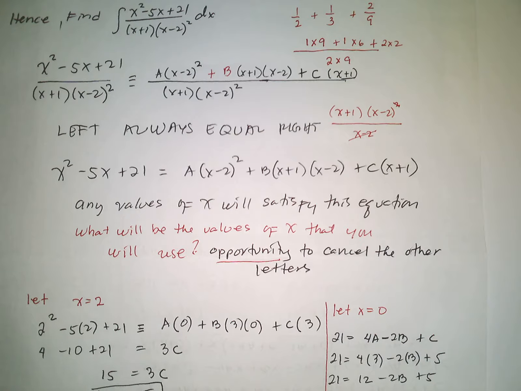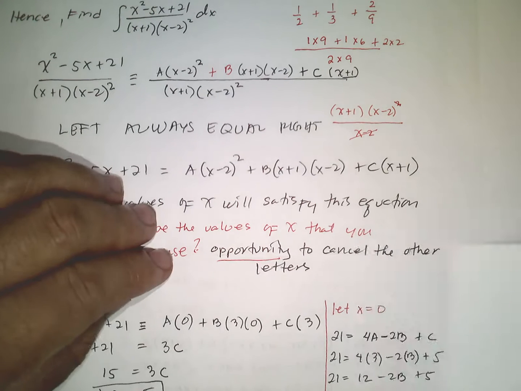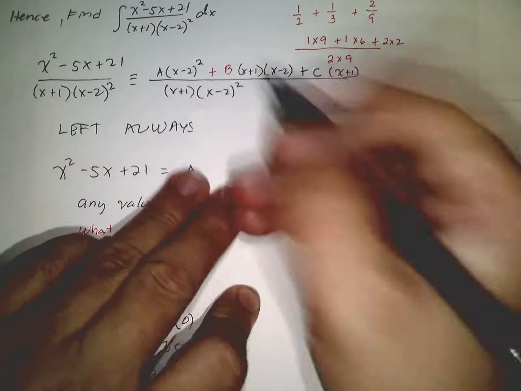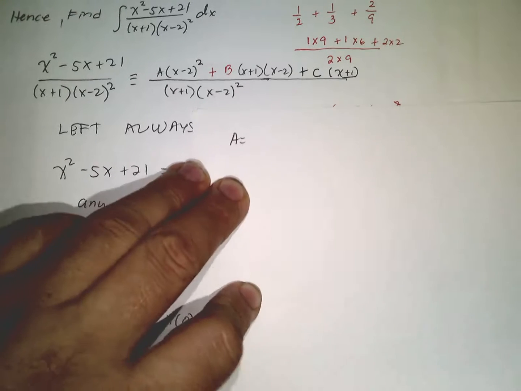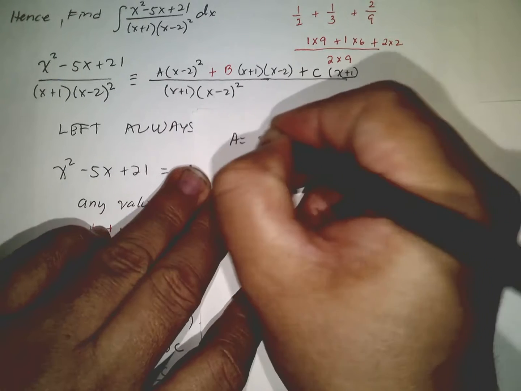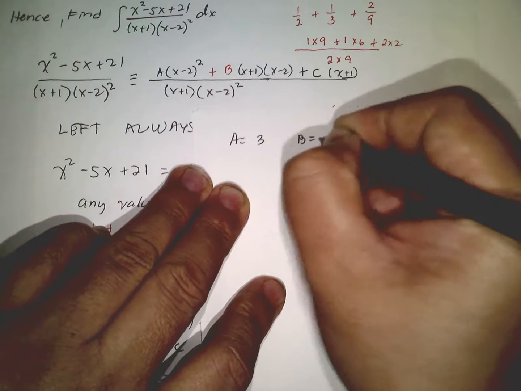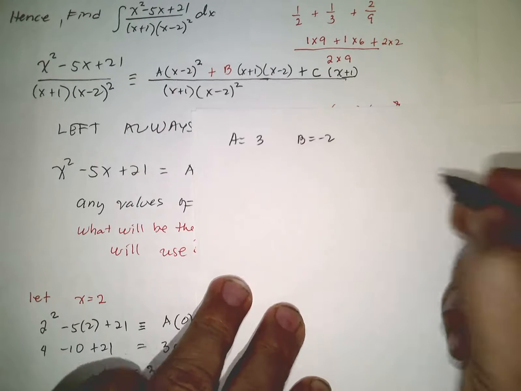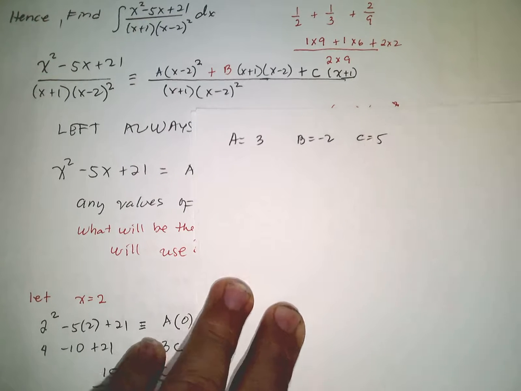But before I complete it, let me just write the values again. So according to our problem, a equals 3, b equals -2, and c equals 5.